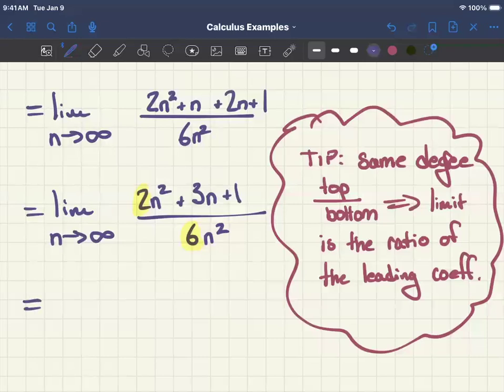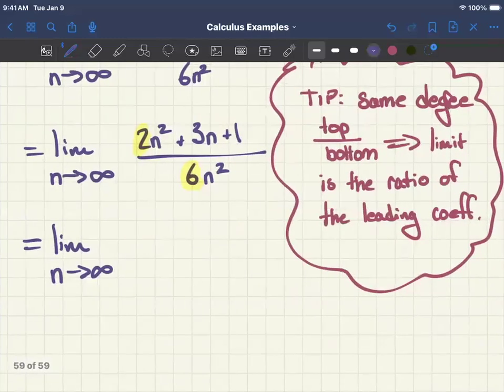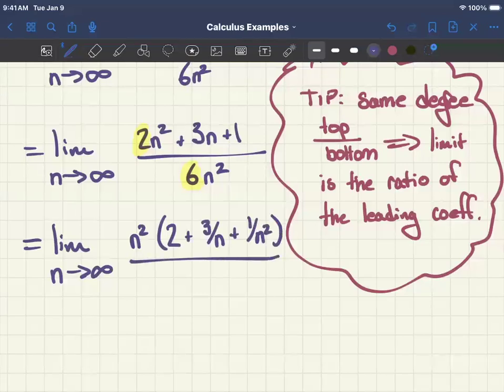The reason why it's the ratio of the leading coefficients is because we can pull an n squared out of our numerator. If we pull an n squared out of every single term in our numerator, and we pull an n squared out of our denominator, now we cancel those n squareds.